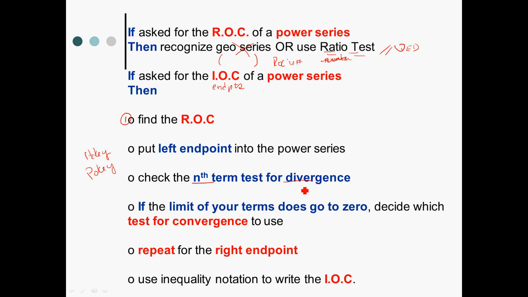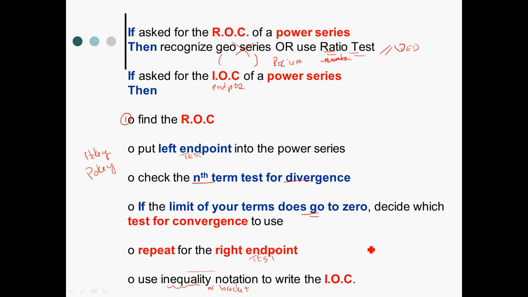Always do the nth term test for divergence first. If your terms do go to 0, decide which test for convergence to use. Then put your right endpoint in, shake it all about, test. Left endpoint test, right endpoint test. Use inequality notation or brackets to write the interval of convergence.